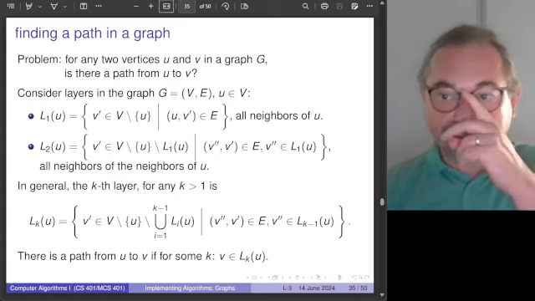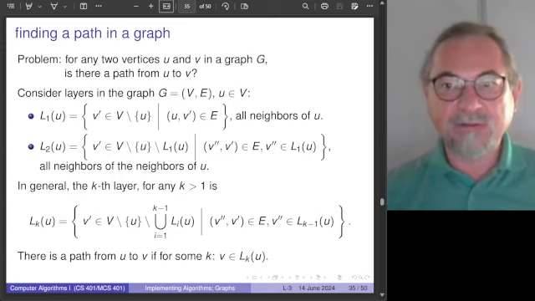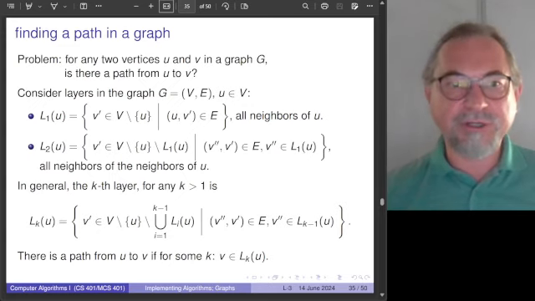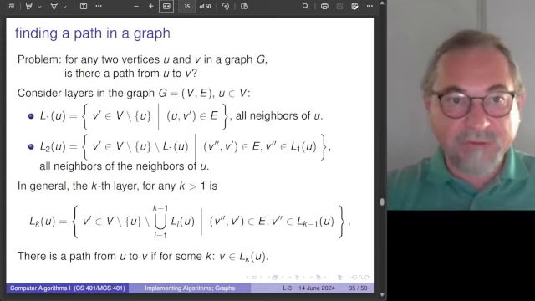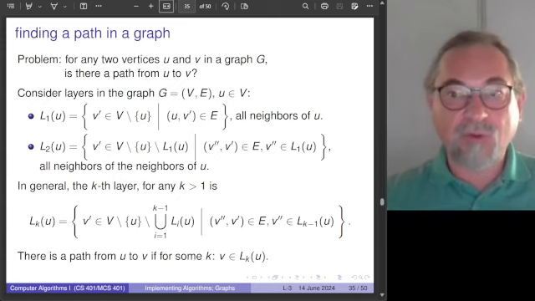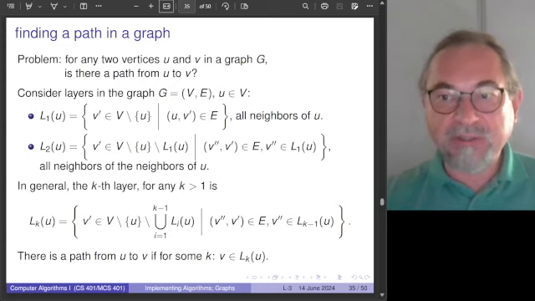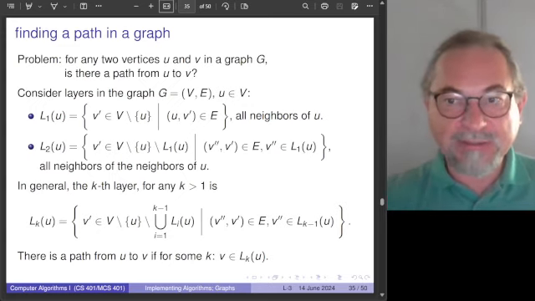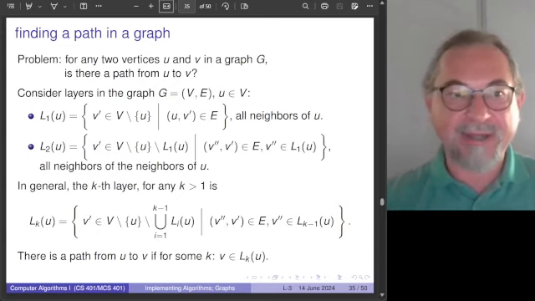We could try to do this systematically by layering the set of vertices. So for the start vertex, U, we could look at all the neighbors of that vertex. These are all the vertices that are connected to the start vertex by an edge.